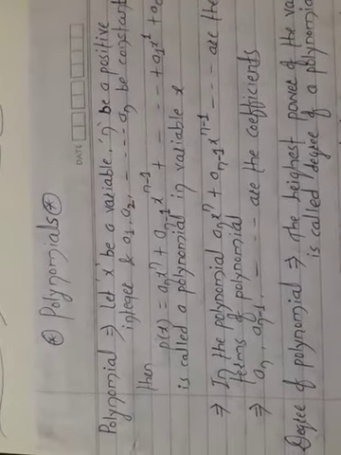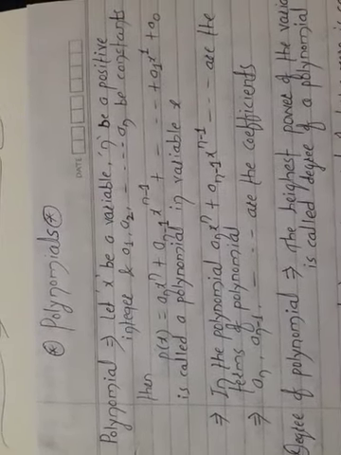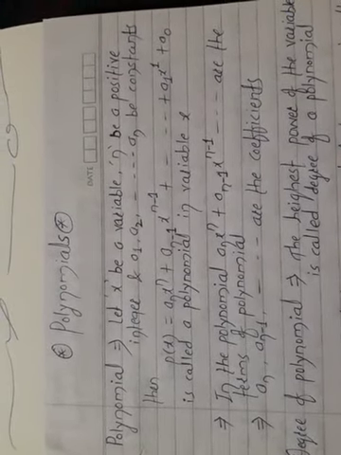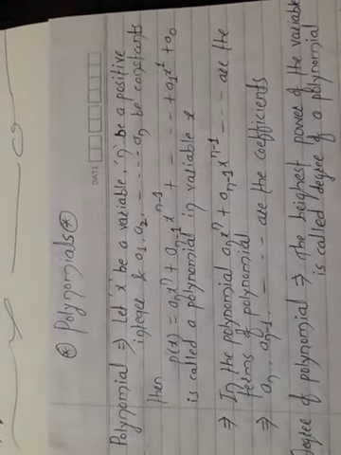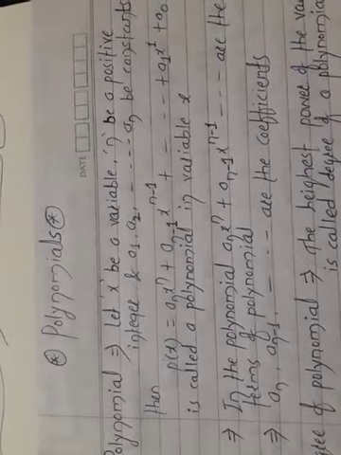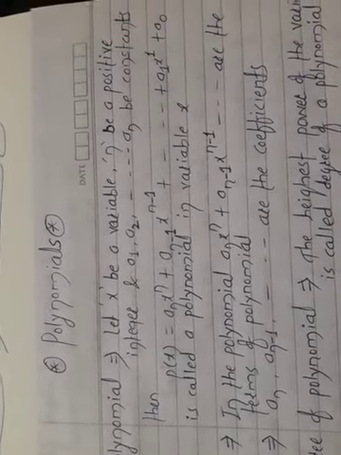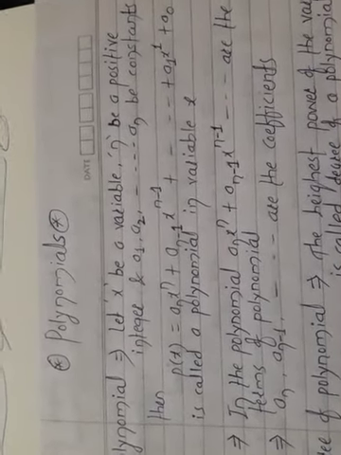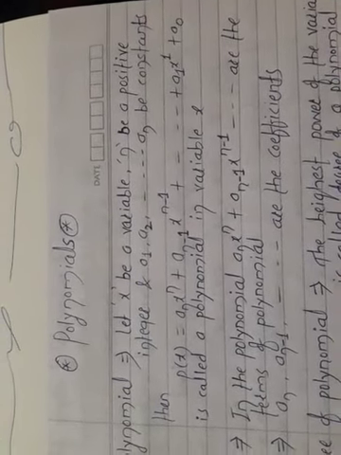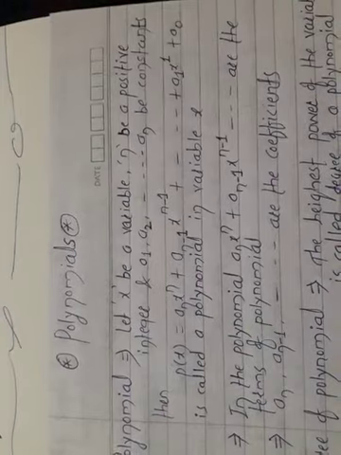Polynomials. Let x be a variable, n be a positive integer, and a1, a2 like that, a and b constants. Then P of x, यानी कि polynomial x, is written as an x raised to n plus an minus 1 x raised to n minus 1 plus a1 x raised to 1 plus a0, is called a polynomial in variable x.